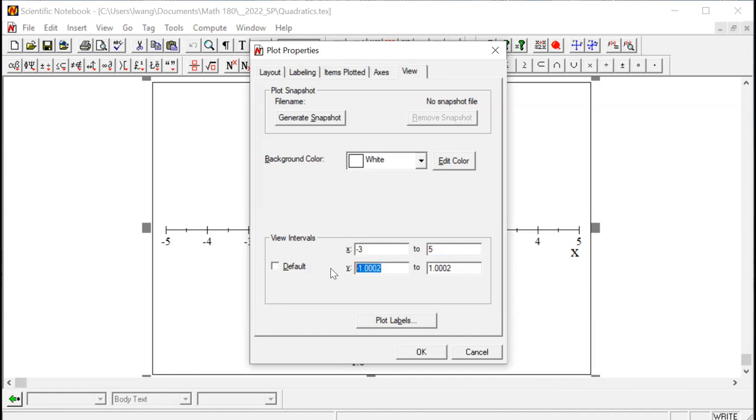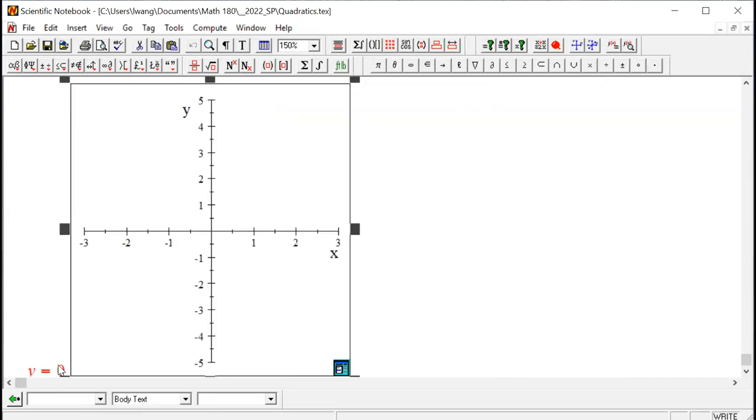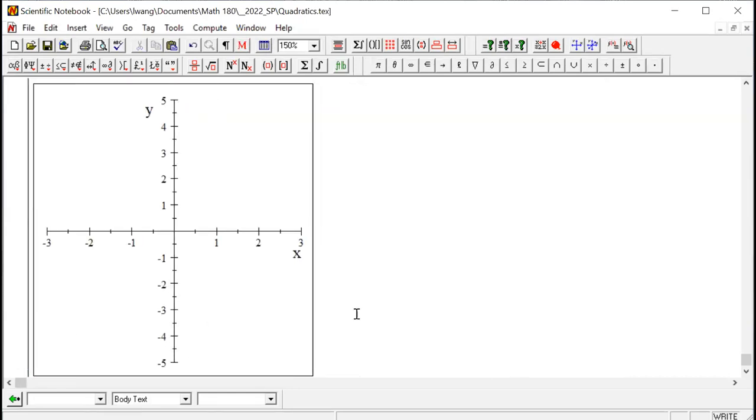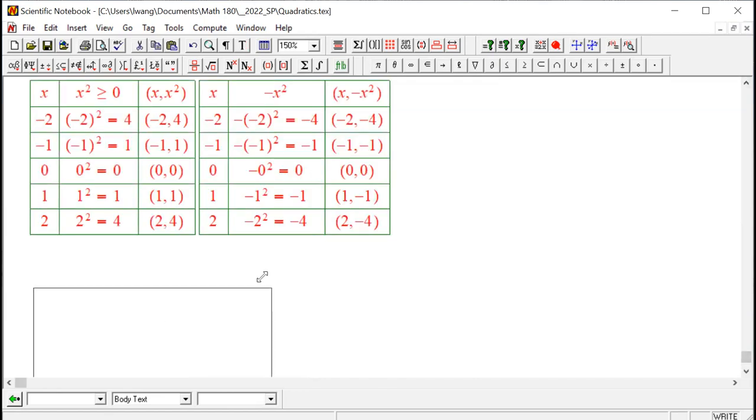So this is the reason we do what we do, because we get to see how it works. You can see the basic actions are very, very similar.